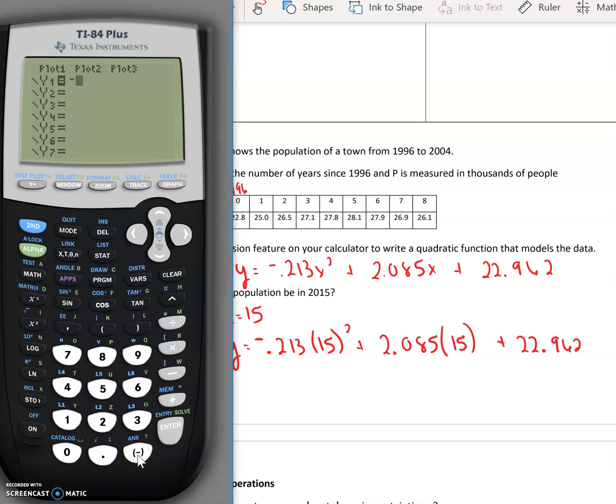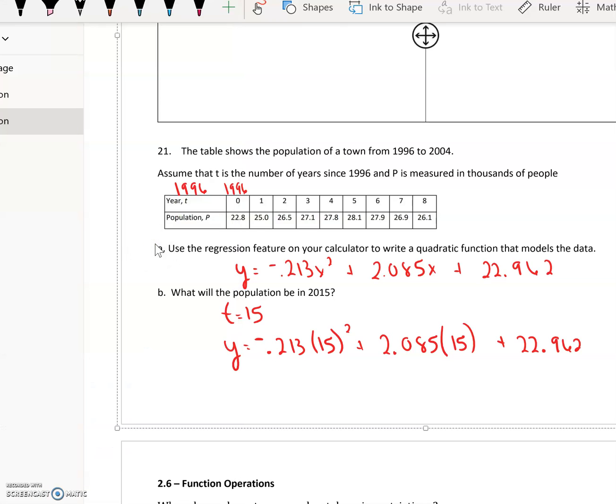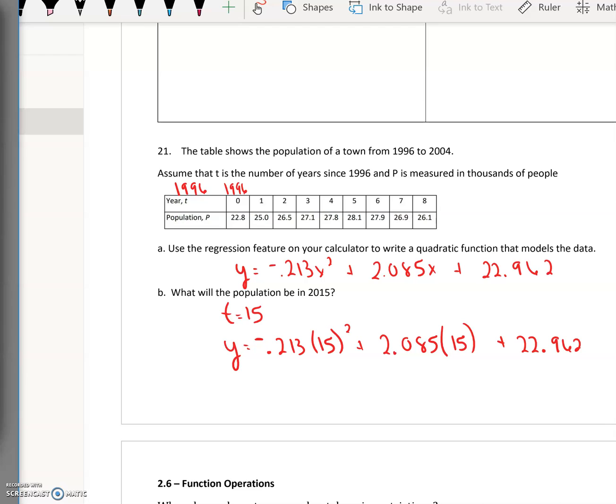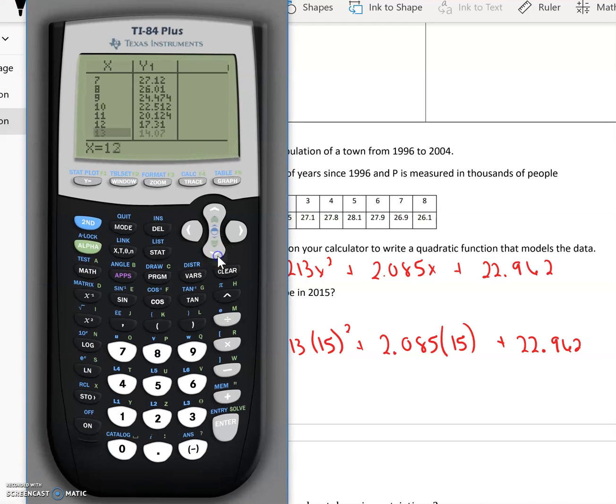So negative 0.213 x squared plus 2.085 x and plus 22.962, and then going to your table and just going until you find where x is 15. It's not that far to scroll. Let's get this back over here. Almost there. So it's 6.312.